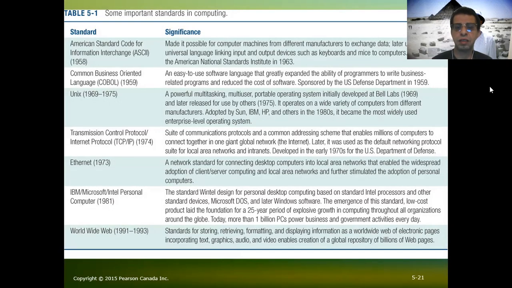Later it was used as a universal language linking input and output devices such as a keyboard and mouse to the computer, adopted by the American National Standards Institute in 1963.